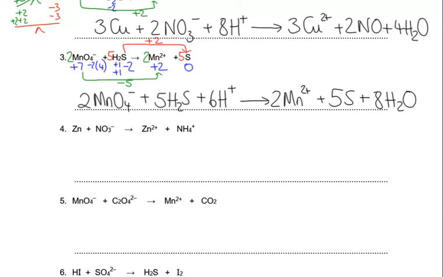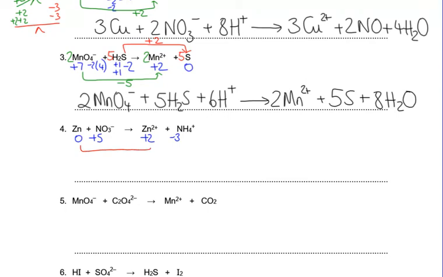So in this one, we've got zinc going from 0 to +2, and the nitrogen, each of these oxygens is -2, so the nitrogen's +5, and then in here, it must be -3, because the hydrogens are +1, there's 4 of them. So we've got to get to +1, I'm just going to rub those out because the hydrogens aren't important at this point. I'm just going to see what we've got.